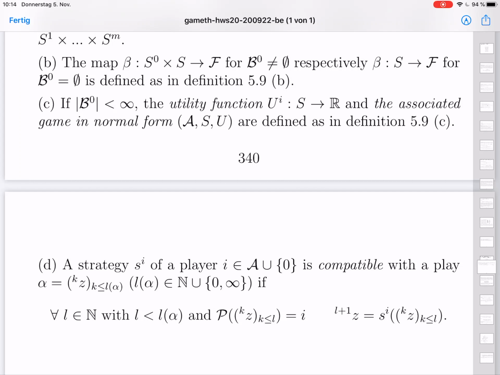So now one could formulate a little lemma. If we have a complete strategy combination for all players, then it is compatible with a given final play if and only if beta of the strategy combination is the final play. So maybe I formulate a small lemma here.